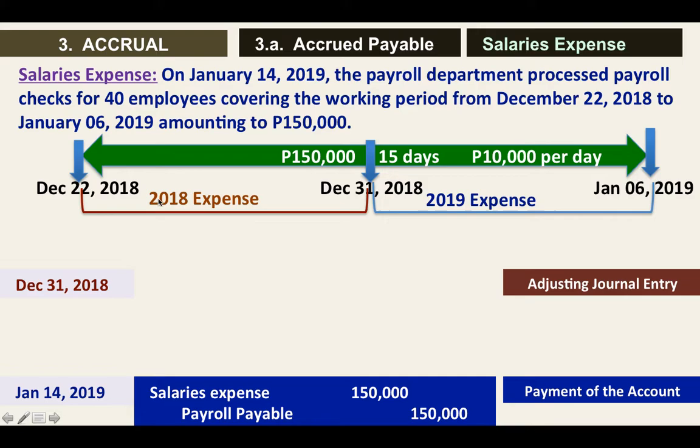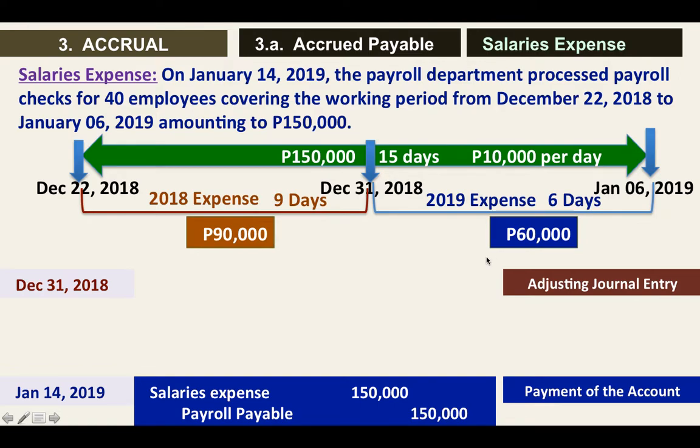So it's good that we have to determine how many days from December 22 to December 31st. So that's 9 days, okay? And for the 2019, that's 6 days. So 9 days times 10,000 will give you 90,000. And 6 days times 10,000 will give you 60,000.